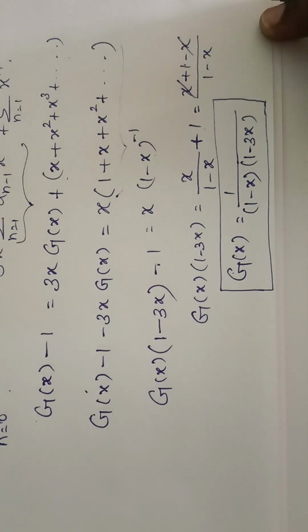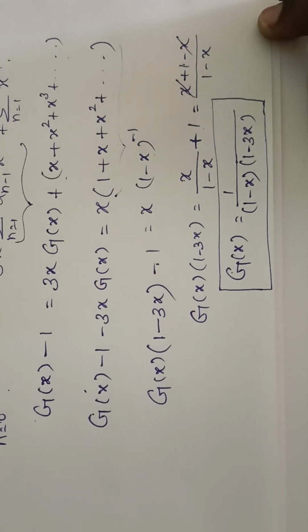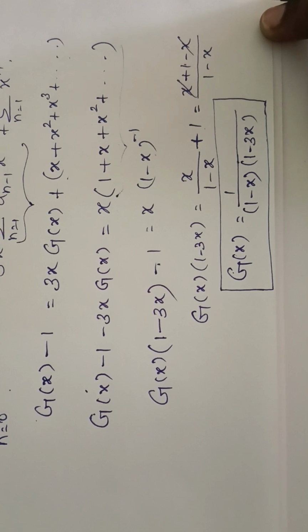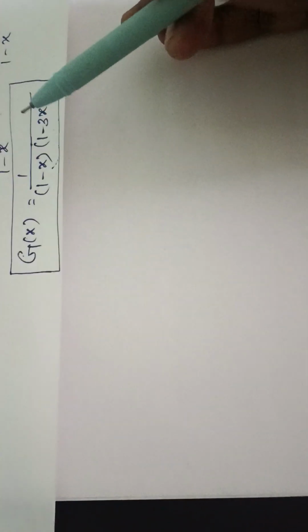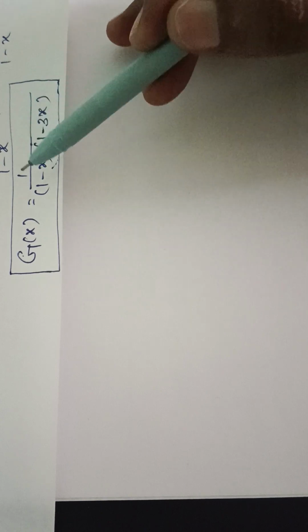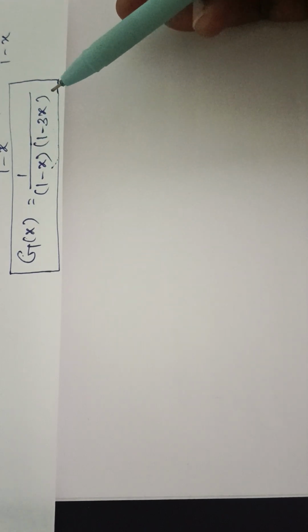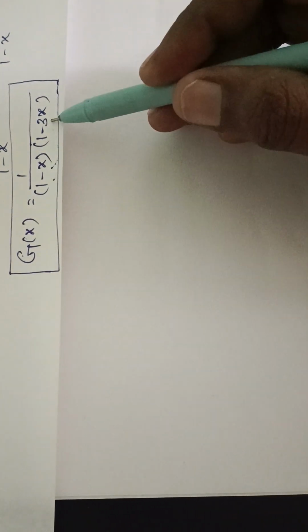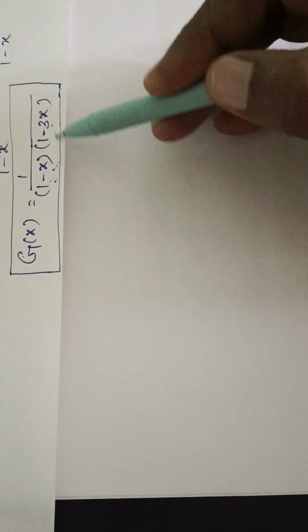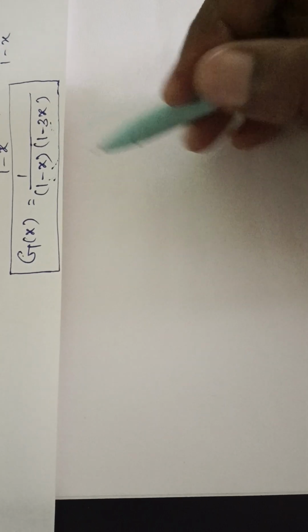G of x is equal to 1 by 1 minus x into 1 by 1 minus 3x. So this is our function. How can we solve this type, 1 by 1 minus x into 1 minus 3x? It's exactly partial fraction. When the denominator has more than one factor, we use partial fraction.